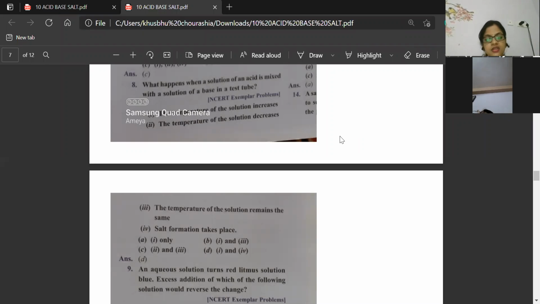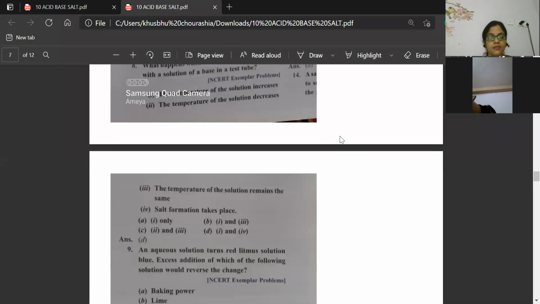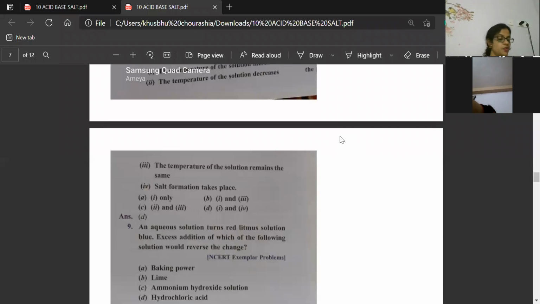Now the next question: an aqueous solution turns red litmus paper blue. Excess addition of which of the following solutions would reverse the change? Which one has the power to reverse the change?